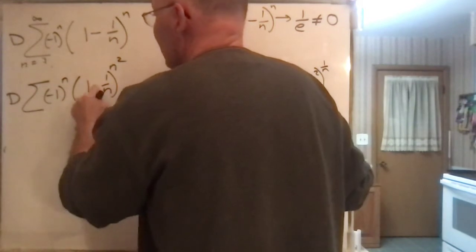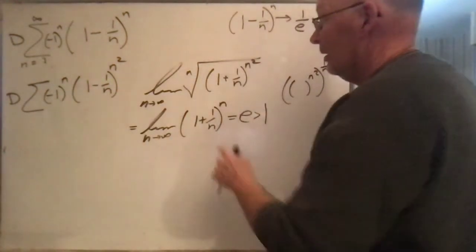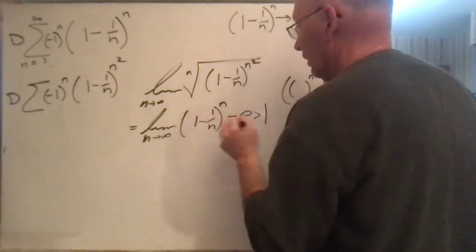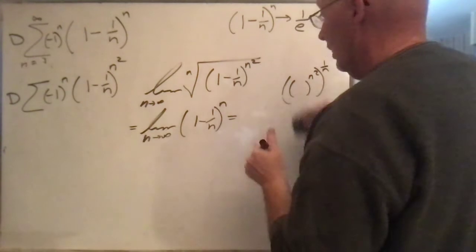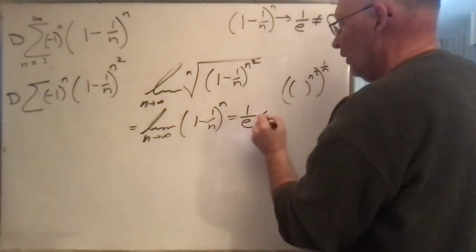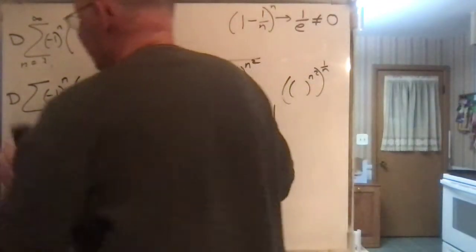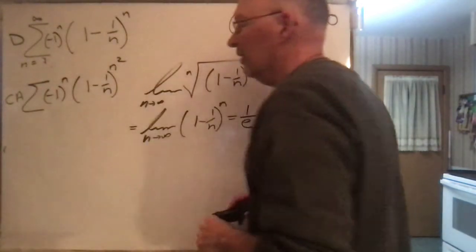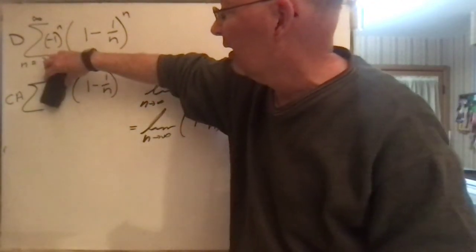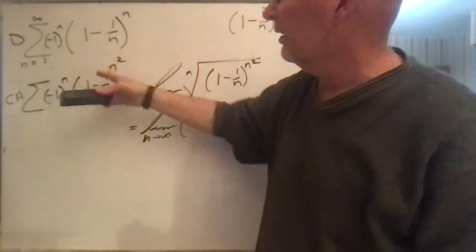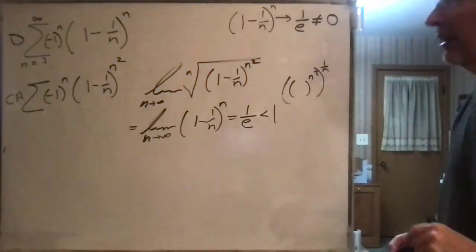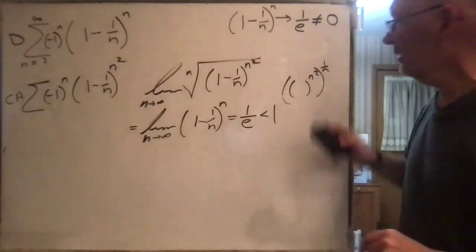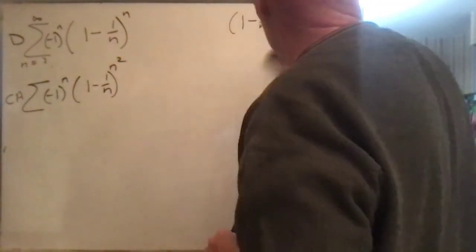If you had a negative in here, now you're going to have a negative here, and a negative here, and this is going to be a 1 over e. 1 over e is less than 1, so this thing is going to converge absolutely. Again, when you use the root test and the ratio test, you make no use of this at all. Okay? Either it diverges or it converges absolutely. Okay? So that one does that.